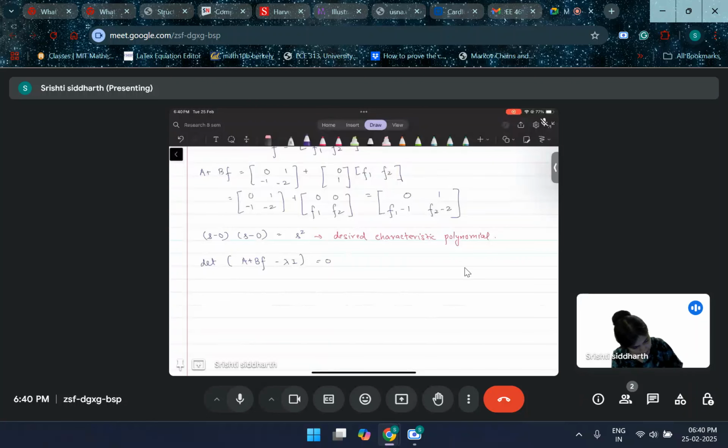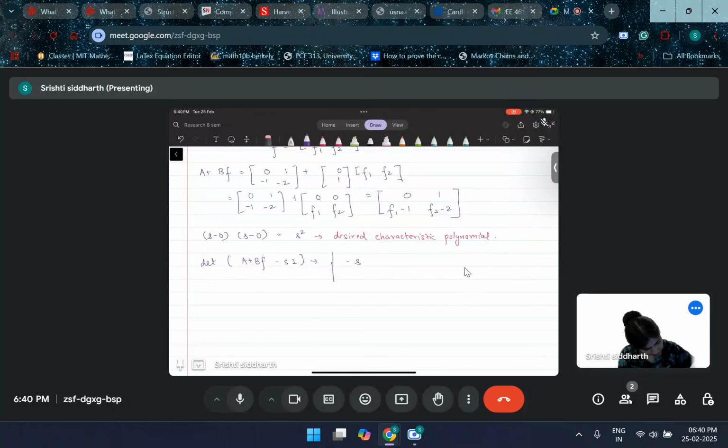So the characteristic polynomial is minus s times F2 minus 2 minus s, minus F1 minus 1.